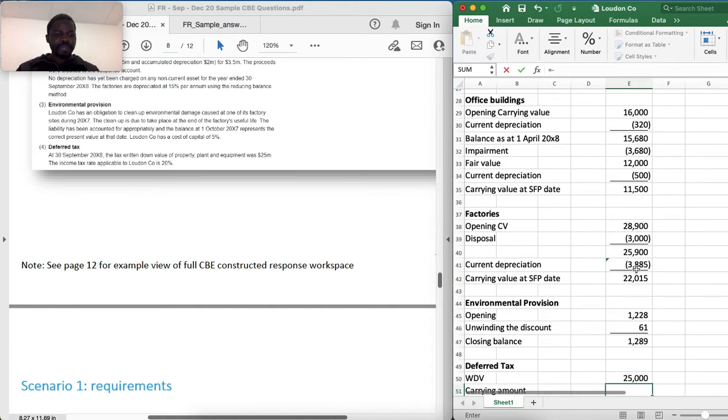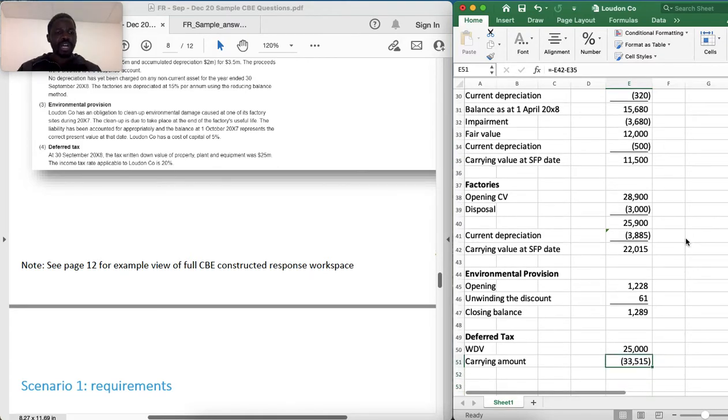We have got 22,015 for the factory, and also we have got 11,500 for office buildings. So our carrying amount is 33,515.